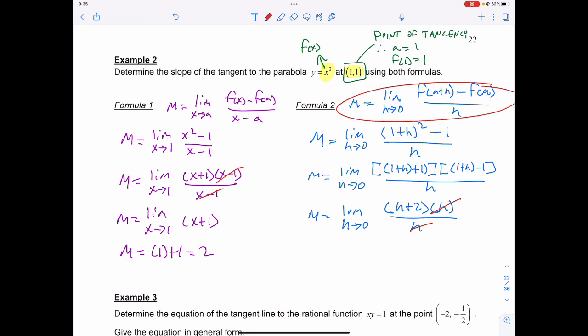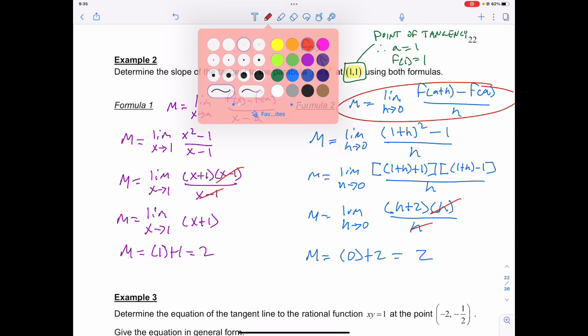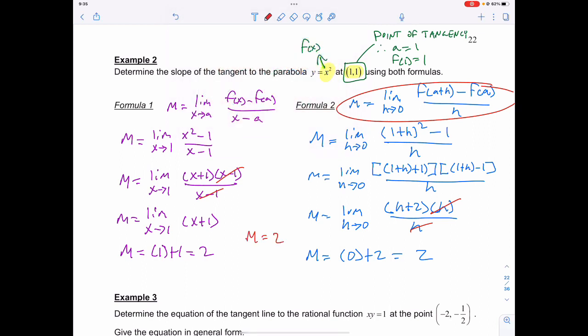At some point, because h is approaching 0, which is non-permissible, we should, if we can do this properly, be able to remove the common factor of h out of the numerator and denominator so that we can use direct substitution to say that the slope is equal to, if it is h plus 2, then it's going to be 0 plus 2, and actually solve that I get 2. And we can see that in both cases, the slope is equal to 2.